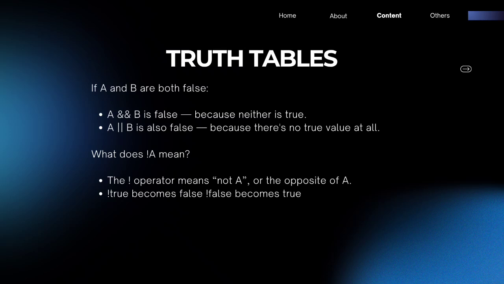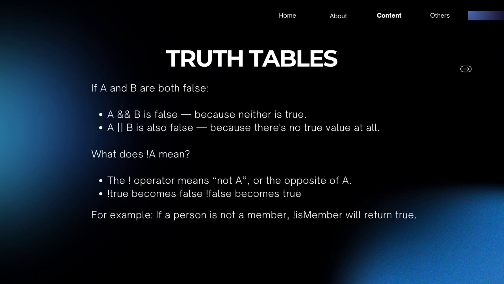The NOT operator means not A, or the opposite of A. Not true becomes false, not false becomes true. This operator is useful when you want to flip a condition. For example, if a person is not a member, not is_member will turn true.